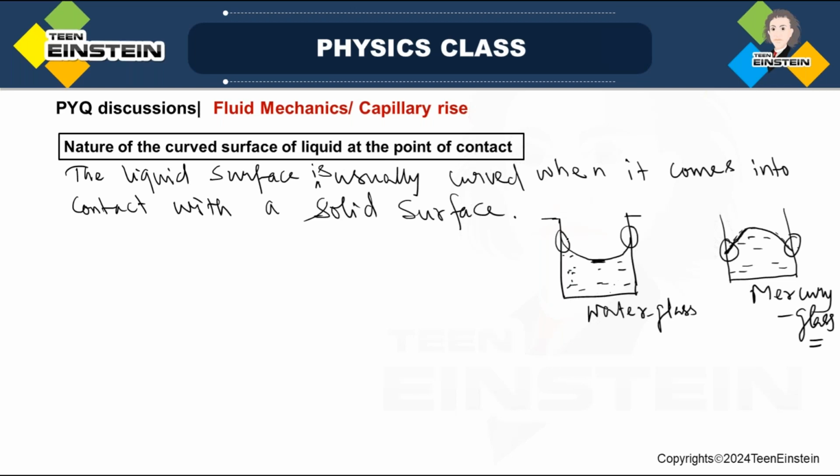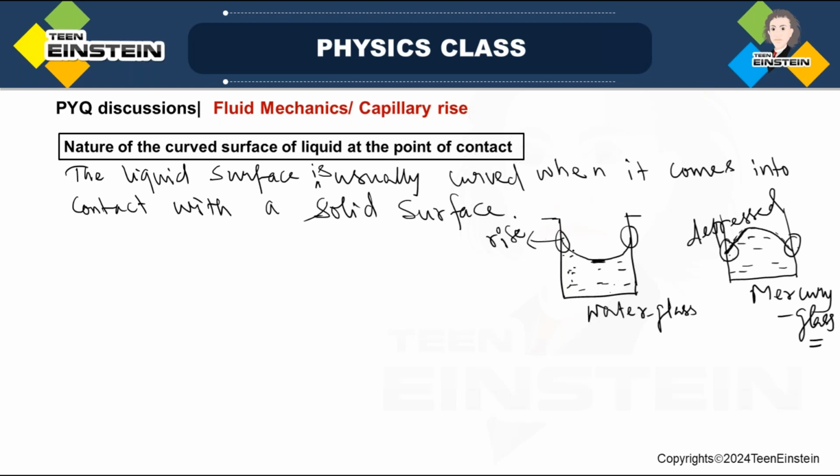So this nature, when the liquid rises at the point of contact and when the liquid gets depressed, okay, we see a rise of the liquid and a depression of the liquid over here.